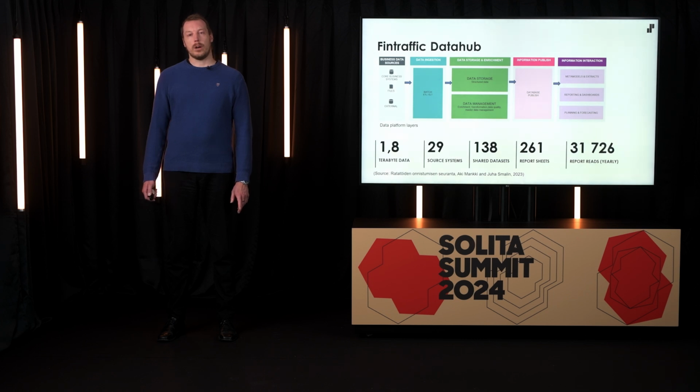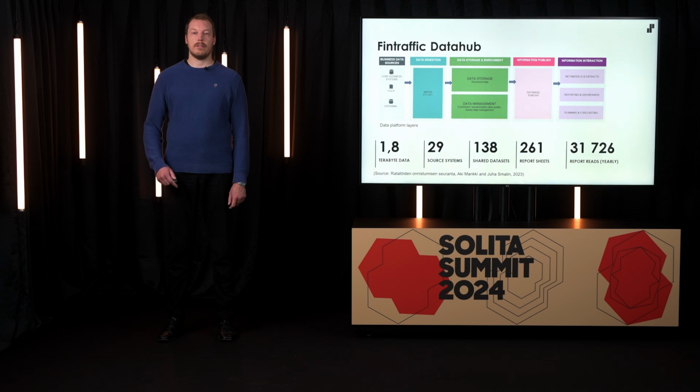And about the figures, usually you have sources few or tens, then you have ingestion entities in the hundreds. If you have 100 ingestion entities, then you actually have thousands of data storage and enrichment entities and perhaps hundreds of publish entities. So when you have data loading steps between all these, you will have several thousand data loadings in one data platform.